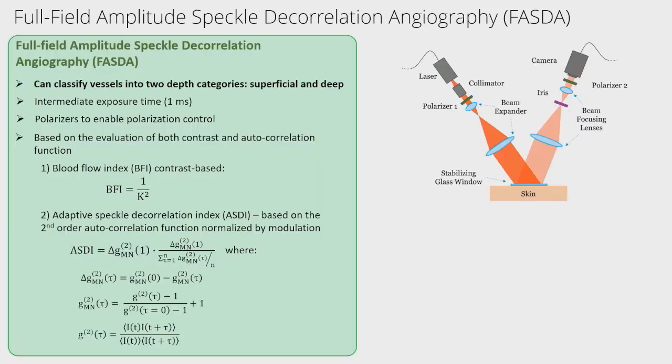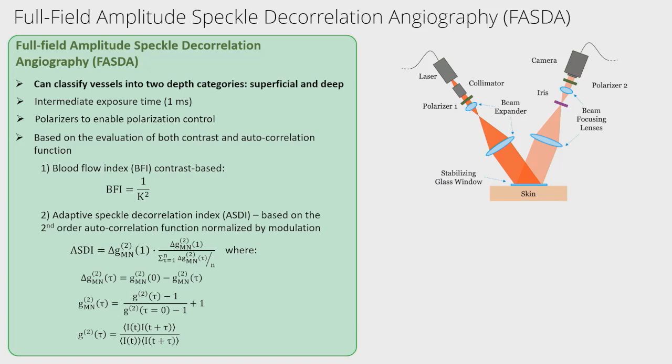What we propose is a technique that is somewhere in between the two, but with additional features. In particular, we propose a technique that can provide depth information about the imaged vessels. Basically, we can classify the vessels into two depth categories, superficial and deep. We work at an intermediate exposure time.